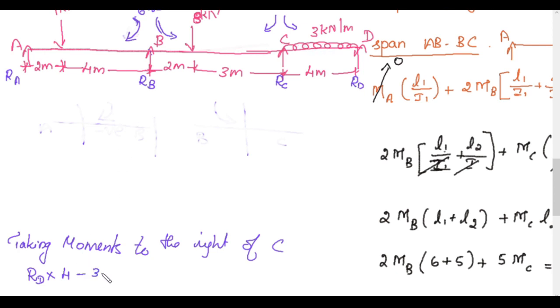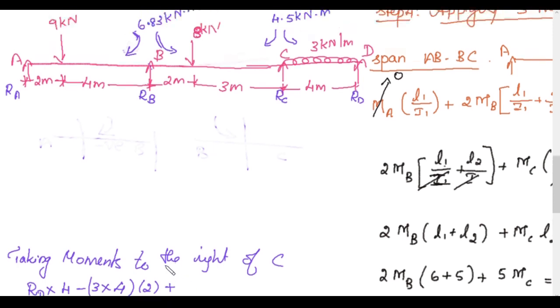Next, minus 3 into 4, that is the UDL into the distance of the centroid of the UDL, which is 2. Now, when you are taking the section at C, this is anti-clockwise, so it is positive, and the value is 4.5.